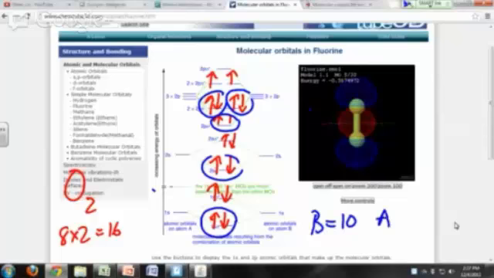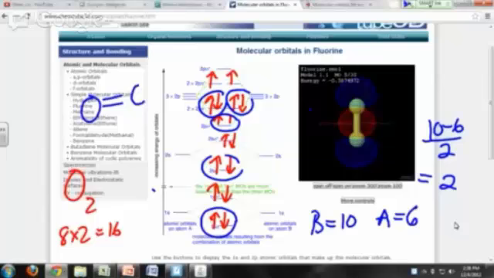How many anti-bonding electrons do we have? 6. So what's 10 minus 6 divided by 2? 2. The bond order in O2 is 2. That justifies your Lewis structure where you draw a double bond when you draw O2.